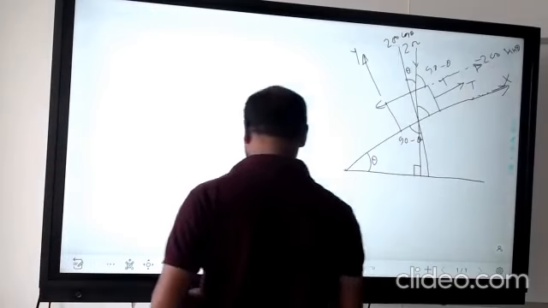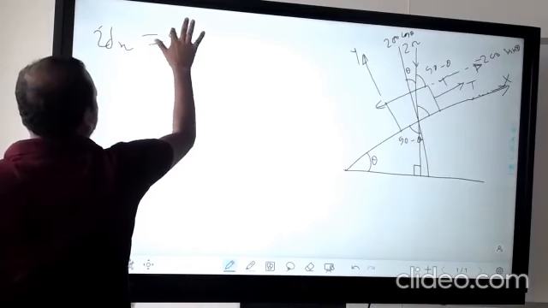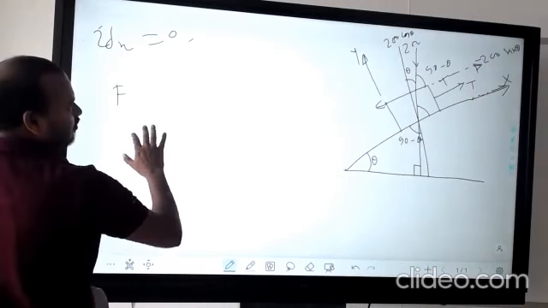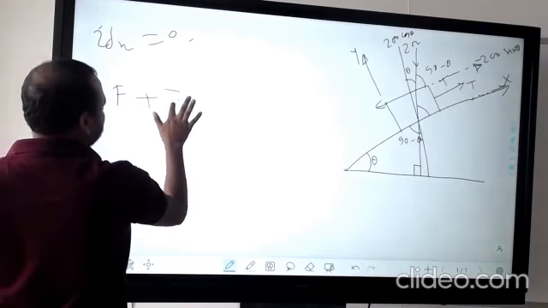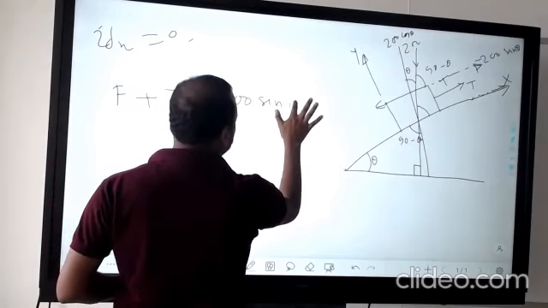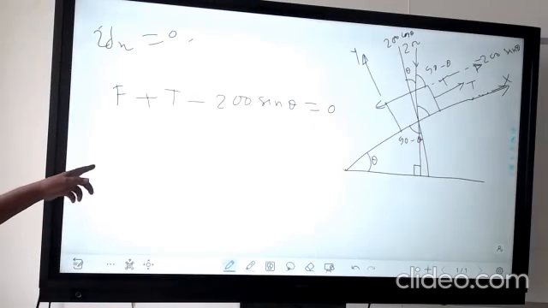Now we will apply summation of F_x is equal to 0. So find out F, in the direction of motion, that direction, plus T minus 200 sin theta is equal to 0. This is the x directional force.